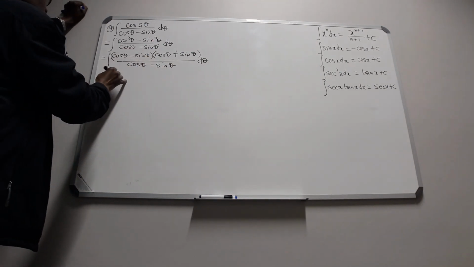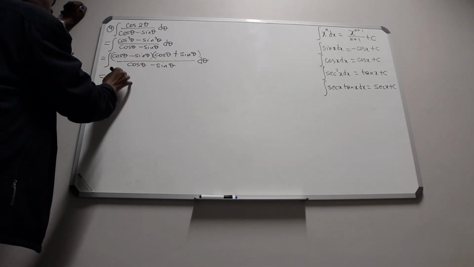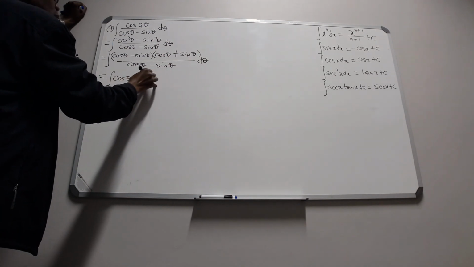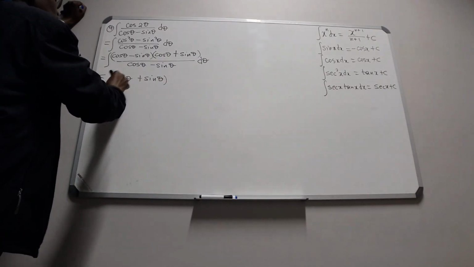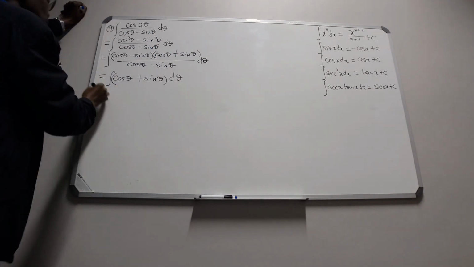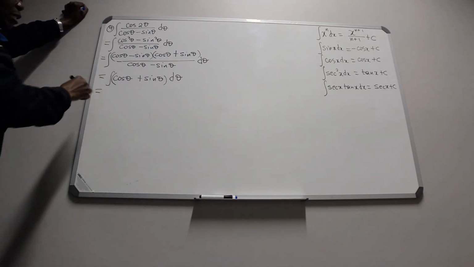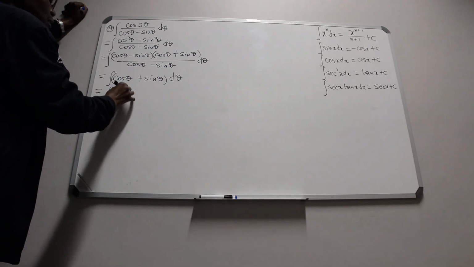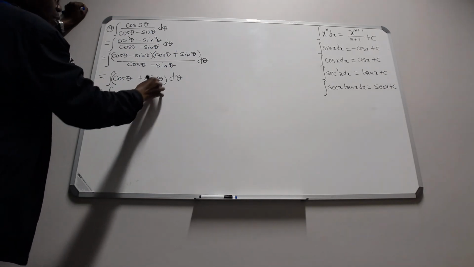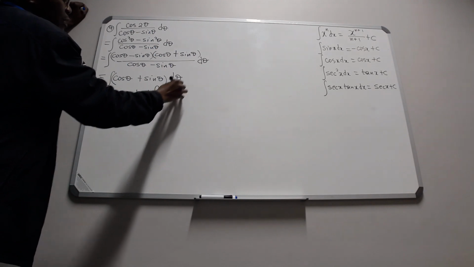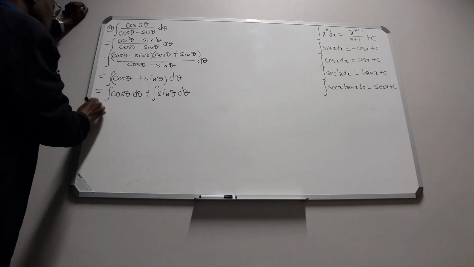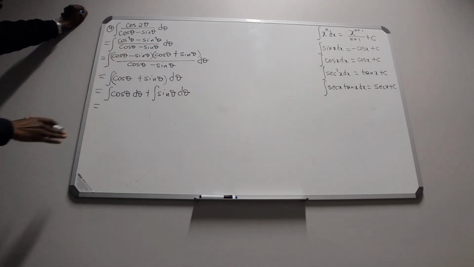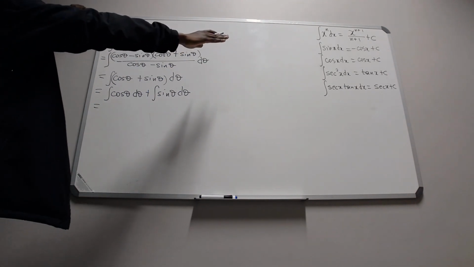And we end up with the integral of cosine of theta plus sine of theta, put brackets there, d theta, which is going to give us now the integral of cosine of theta d theta plus the integral of sine of theta d theta.